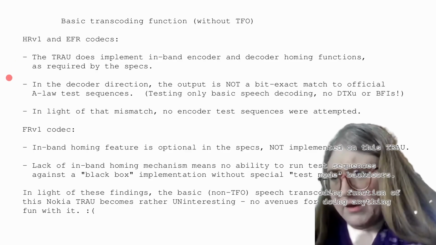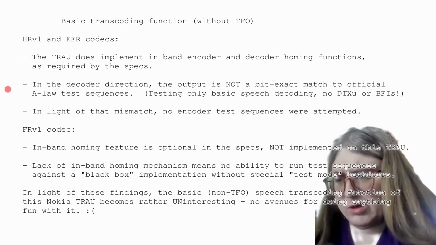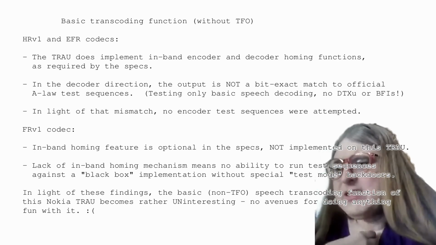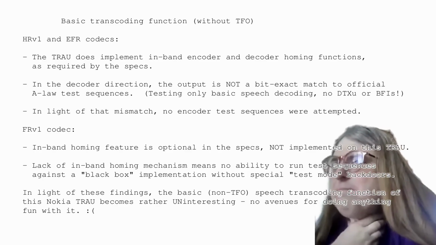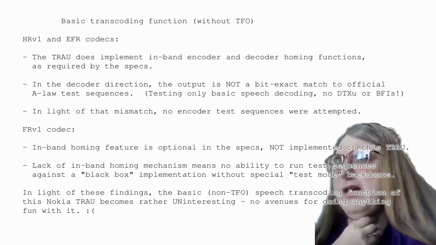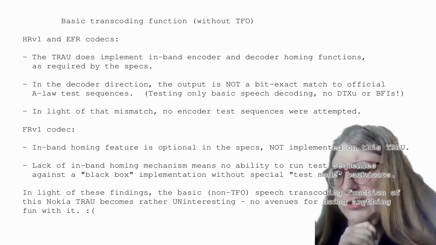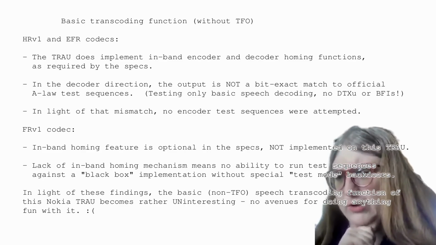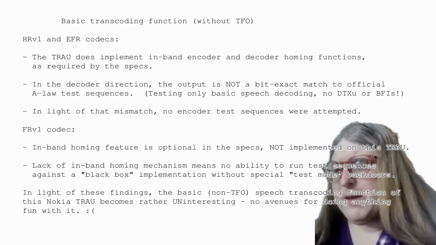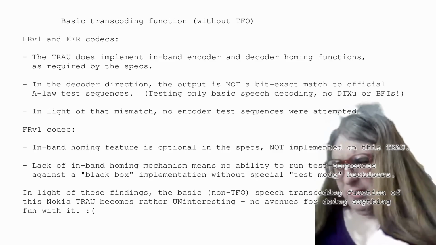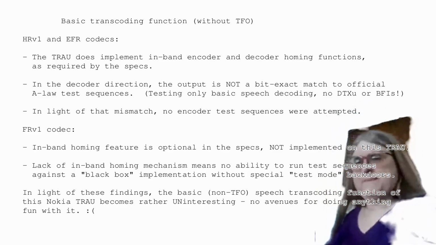One of the things I wanted to do, my thought was to see, because if you look at the official specs that exist for the half rate and enhanced full rate codecs, they are bit exact only in certain areas. Or let me rephrase.